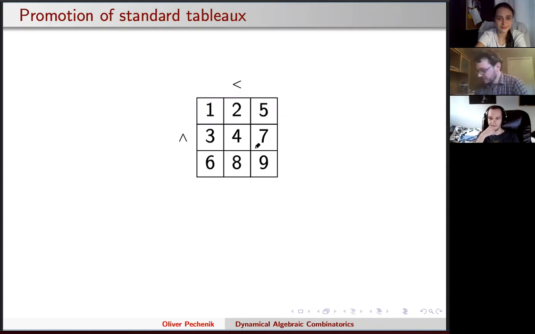In general, I could be looking at any of these partition shapes, but I'm going to look at a rectangular grid, and I'm going to number the boxes 1 up to a times b, and I want them to be increasing going this way, and increasing going that way.